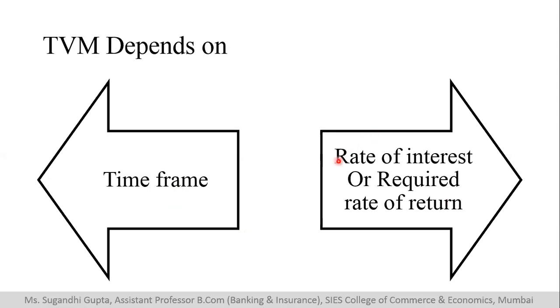Another thing that will have an impact on valuation is the required rate of return, or the interest rate that I'm expecting to get on my investment. The higher the interest rate that I'm expecting, the more it will affect the valuations.